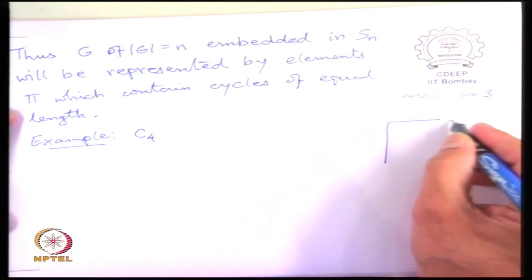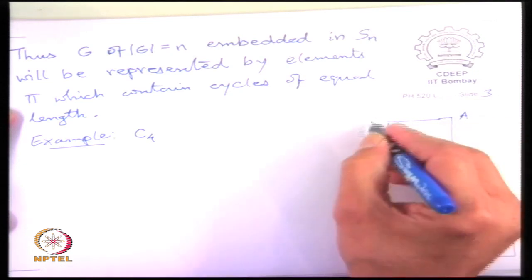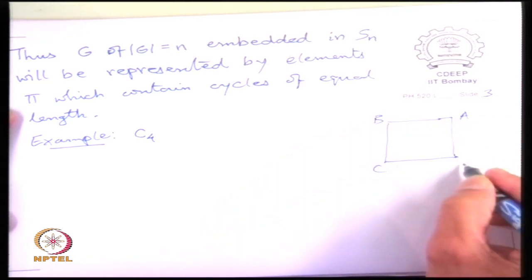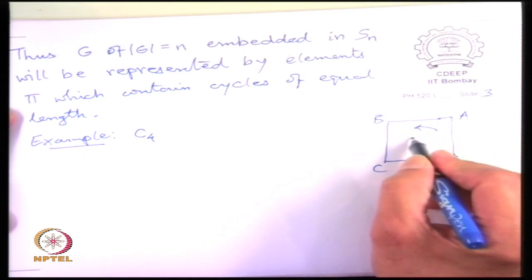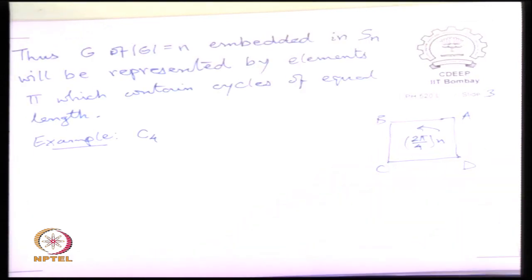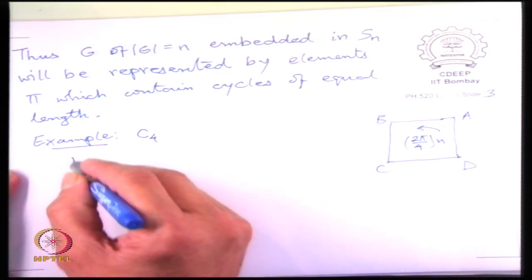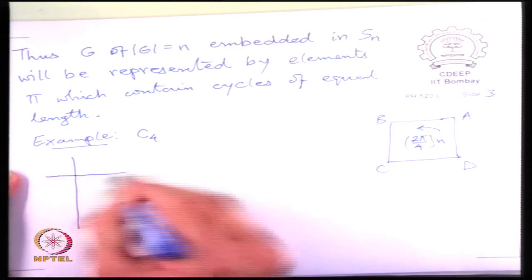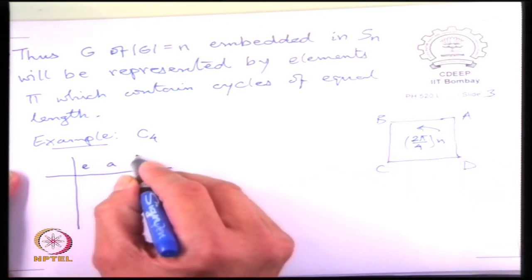Yes, so I have a square A, B, C, D, and I am basically considering pi by 2 rotations at a time. So 2 pi by 4 into n is the possible rotations. So let us draw the multiplication table, that is the simplest way. One can see it probably geometrically, but I just find it easier to do it like this.